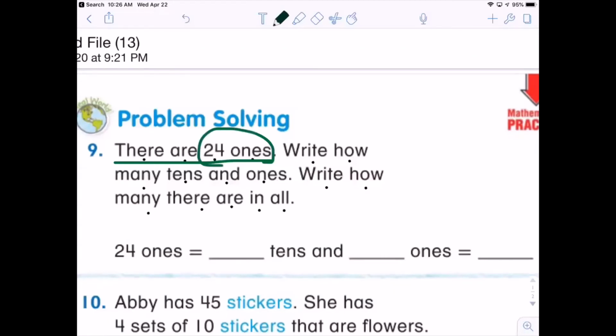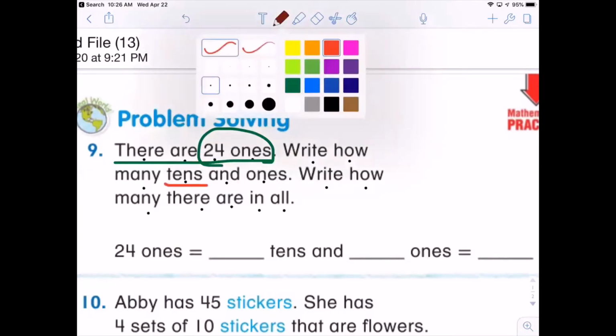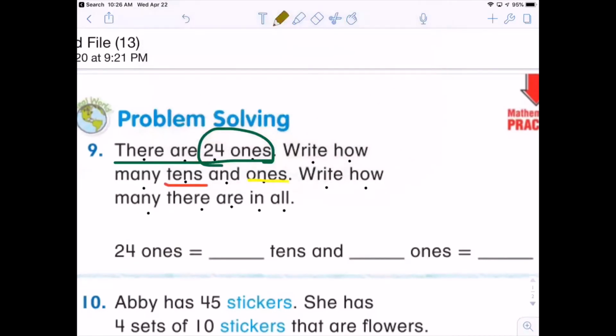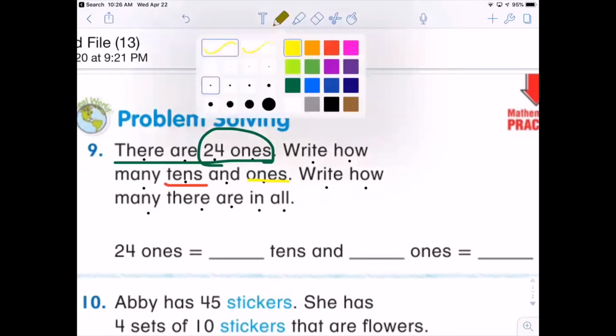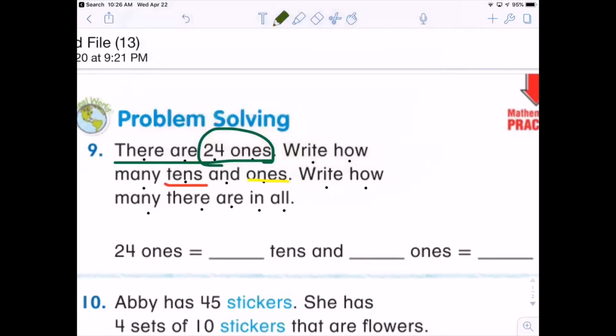Now, I need to write how many tens, and I need to write how many ones, okay? Write how many there are in all. Okay. And what is my keyword there? In all.